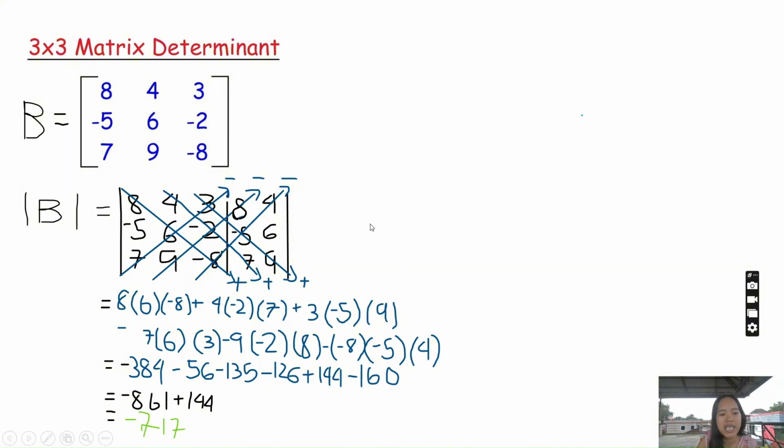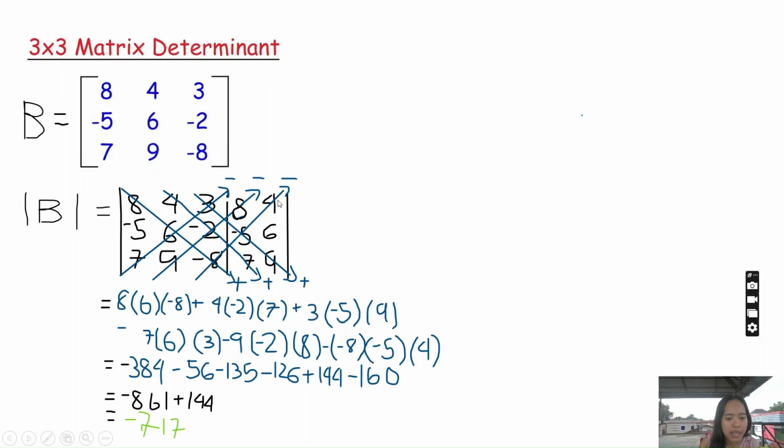Now, let's proceed to the 3 by 3 matrix. We have the given first row 8, 4, 3. The second row is negative 5, positive 6, and negative 2. And then the third row is 7, 9, and negative 8. First, we need to copy the matrix below.